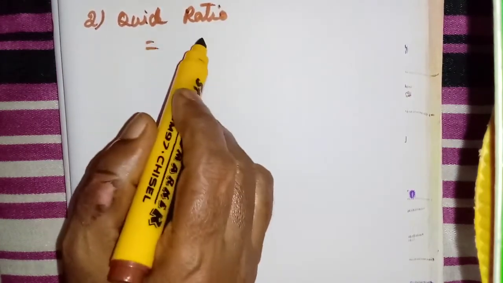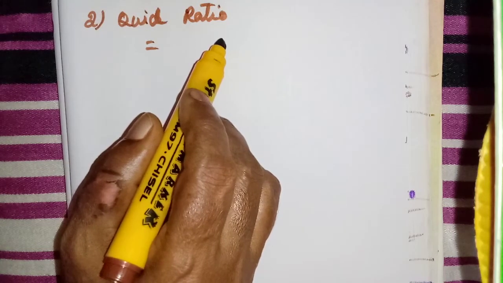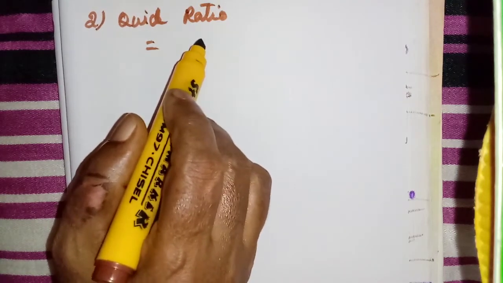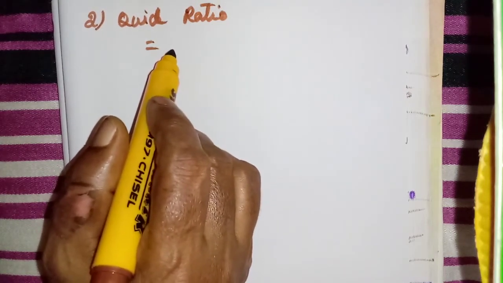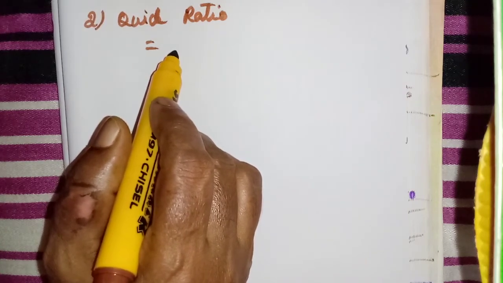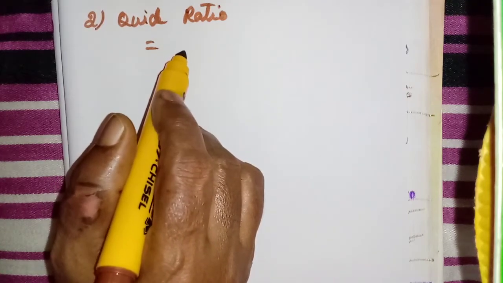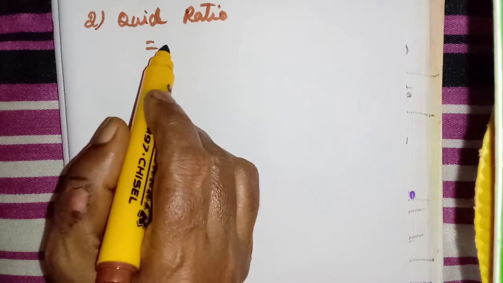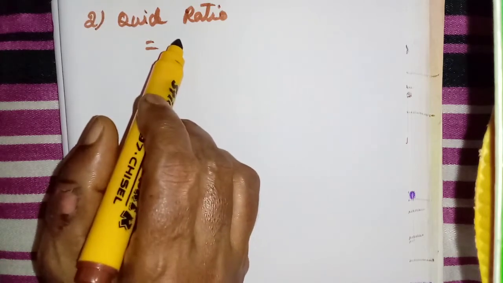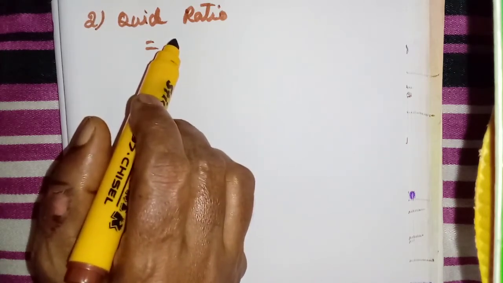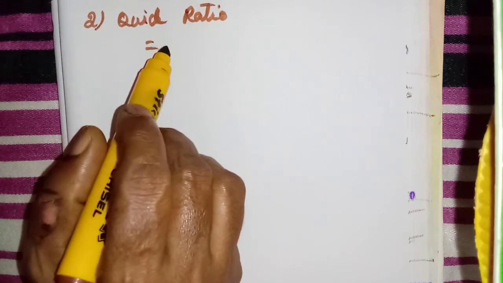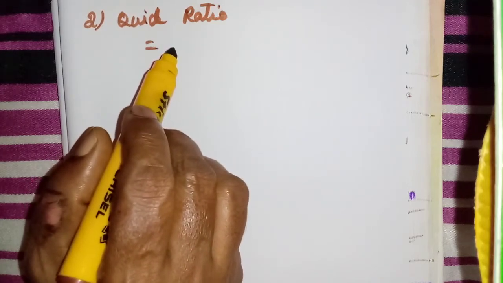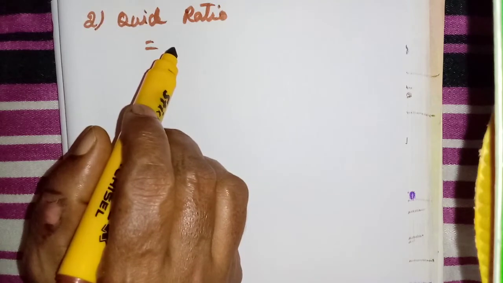Quick ratio means how quickly the assets can be converted into cash, very fast, whenever the current liability is due and we need to pay it. So what current assets are available to be converted very fast?